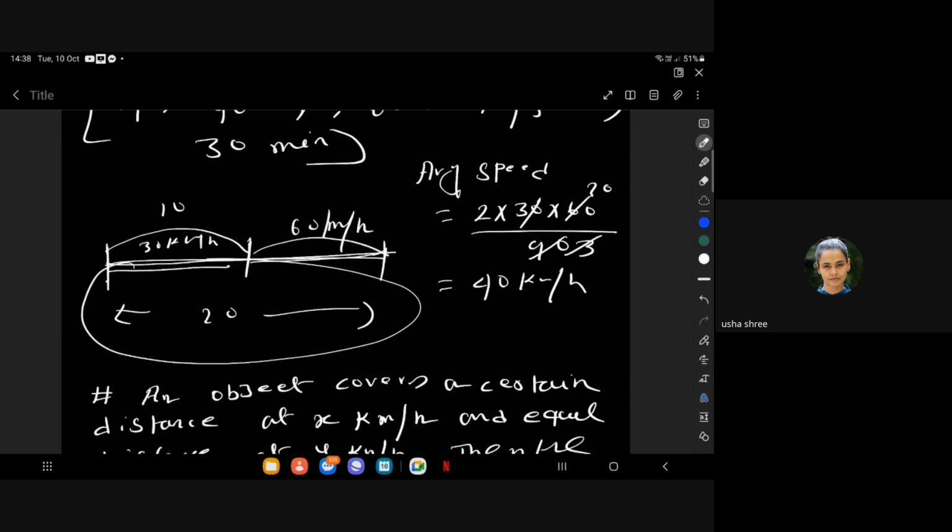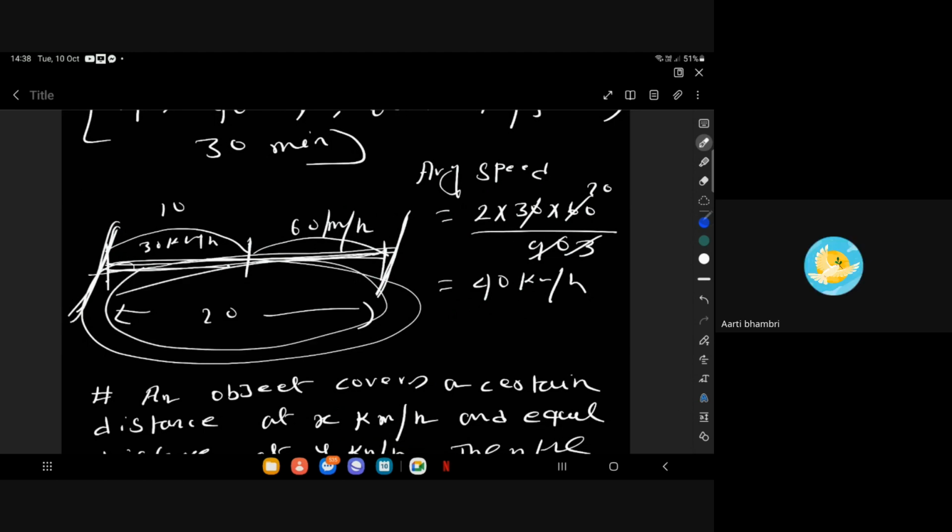Now what is the formula for speed? Speed is 40. Yes. Now the distance, how much? They have asked how long did the train take to cover the entire trip. The entire trip is 20, they have told in the question.